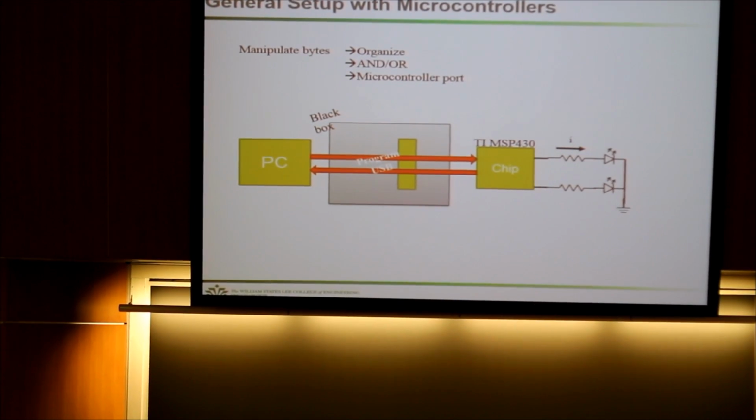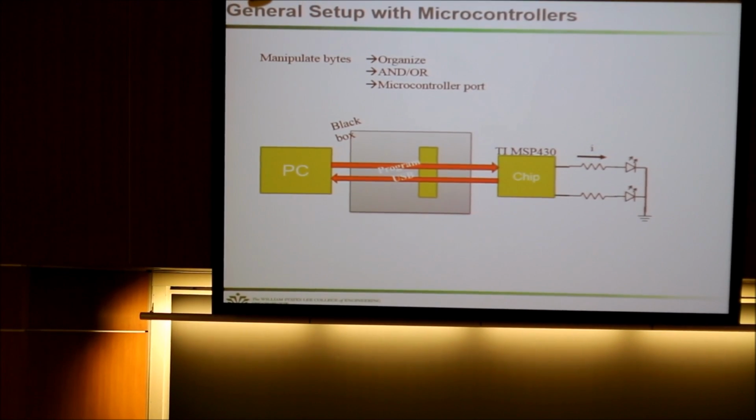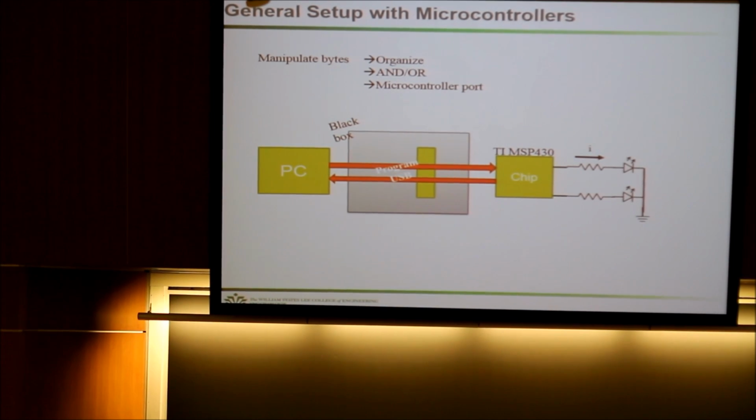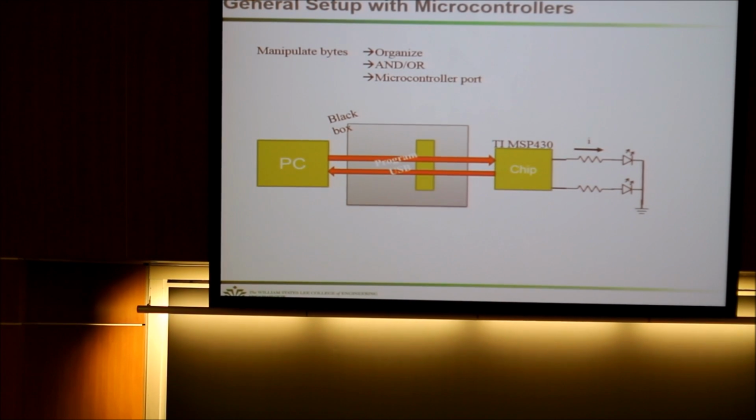Through the PC, you're going to develop the software, and then the software that you develop is going to be put on what we call the target, or the microcontroller. And through a USB cable, and there's a chip on your board as well, you're going to download to another chip, which is the MSP430.